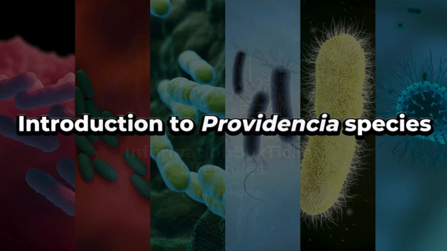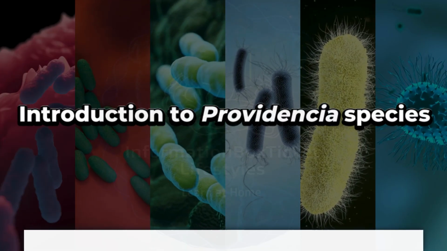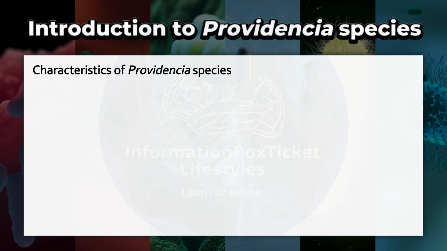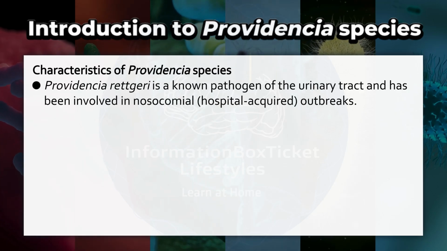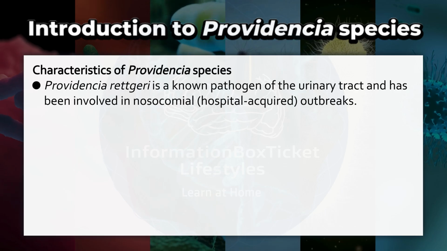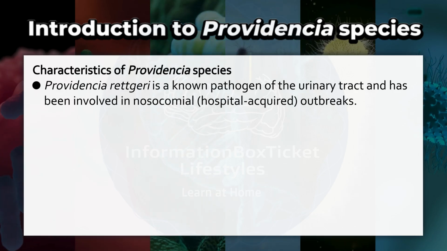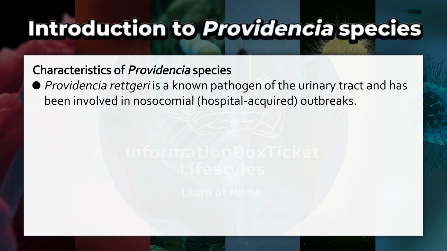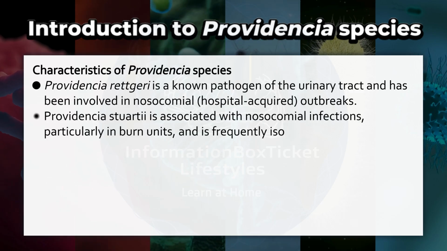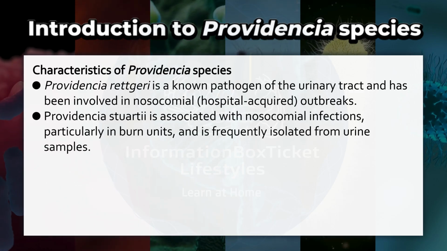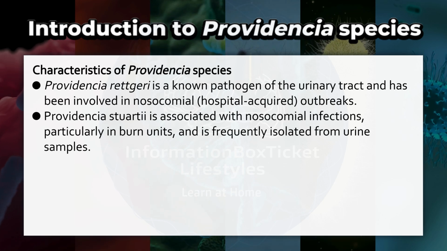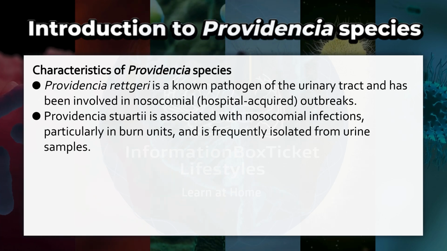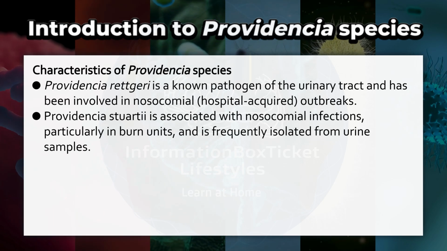Introduction to Providencia species. Characteristics of Providencia species. Providencia rettgeri is a known pathogen of the urinary tract and has been involved in nosocomial, hospital-acquired, outbreaks. Providencia stuartii is associated with nosocomial infections, particularly in burn units, and is frequently isolated from urine samples.